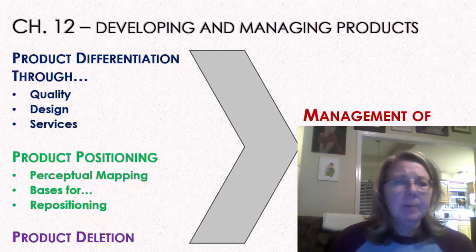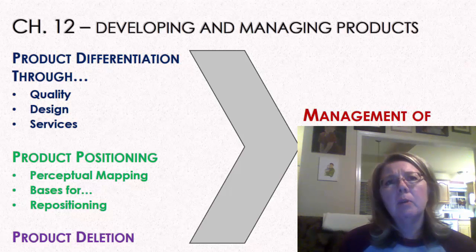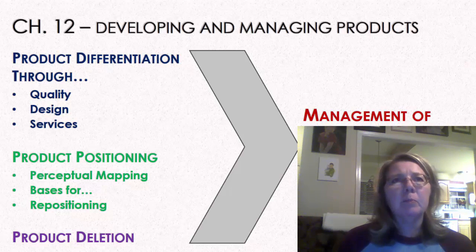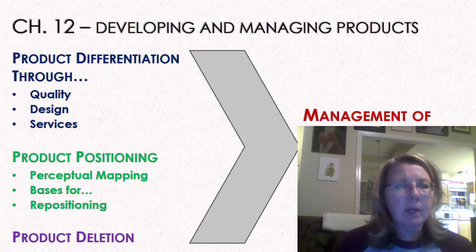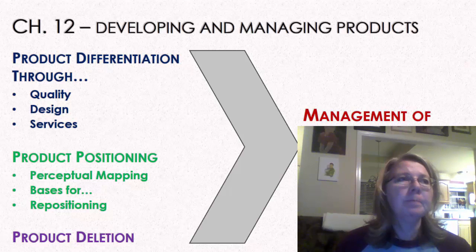And finally, this chapter considers product deletion. When the product reaches the end of its life cycle, it is a pretty strategic process to think about how you go about taking a product out of your product line or out of your product mix. Ideally, you're not losing lots and lots of money over years before you finally figure out that this is a product that's costing you.